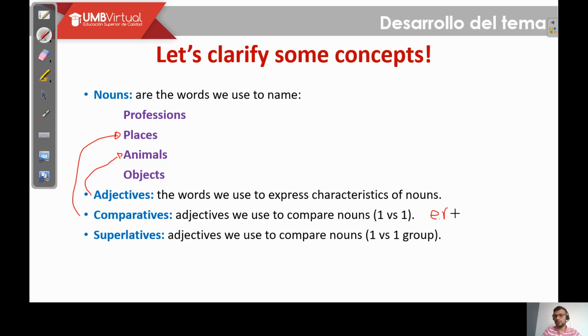El adjetivo termina con ER y eso me lo hace tener ese sentido del más, more. Y en superlative vamos a necesitar el the y termina en est. Por ejemplo, the biggest. Y en ese caso estaríamos comparando con un adjetivo varios objetos. Puede ser uno contra un grupo o uno contra dos, cosas de ese estilo.